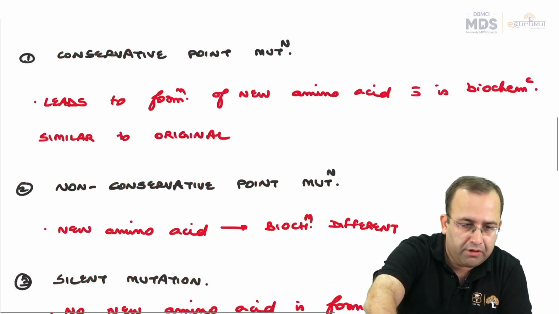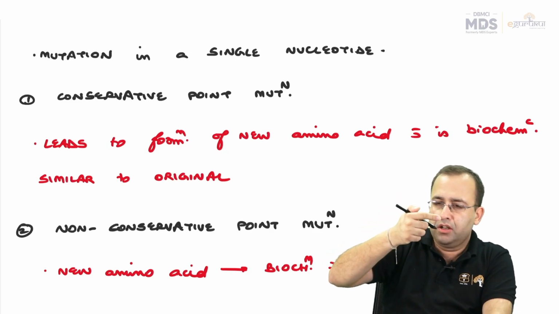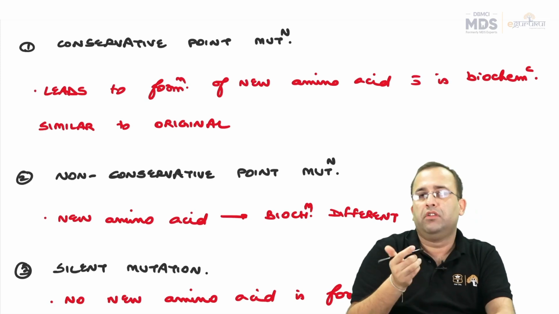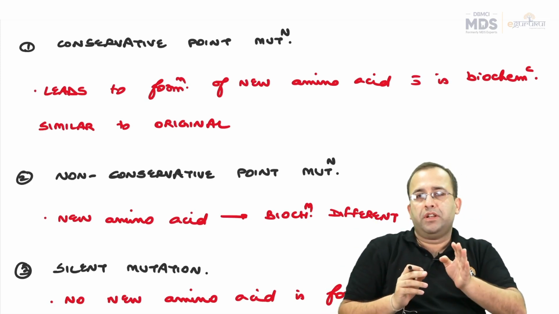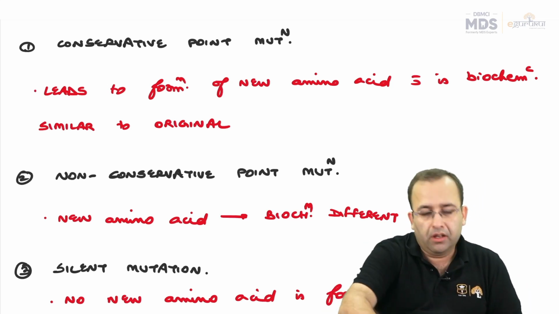So let's have a quick recap. Which ones were there? Conservative point mutation: the point mutation occurred, and the new amino acid is biochemically similar. Non-conservative: the new amino acid is biochemically different. Silent mutation: the point mutation occurred, but it is the same original amino acid only.